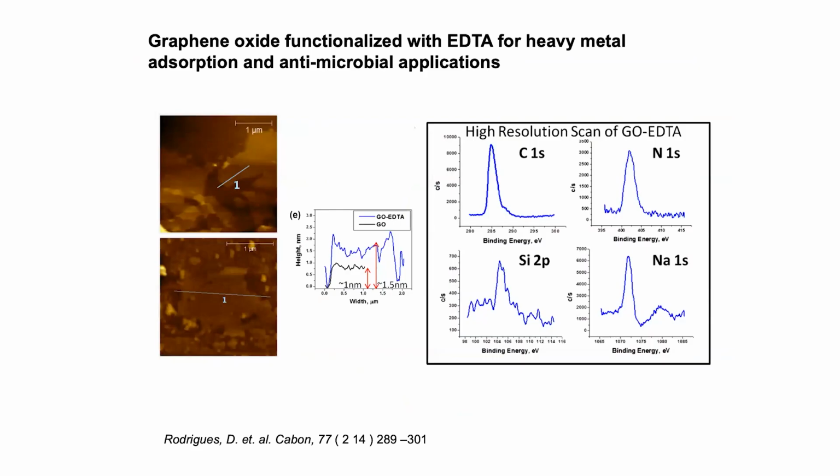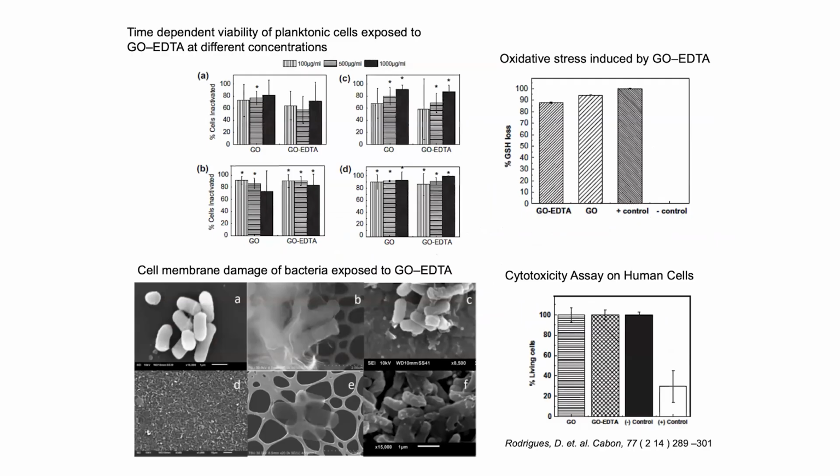We can also combine graphene oxide with functionalization with EDTA, which has high carboxylic acid functionality useful for chelating metals. Demonstrating that graphene can chelate metals as well as display antimicrobial properties was published in the journal Carbon in 2014.